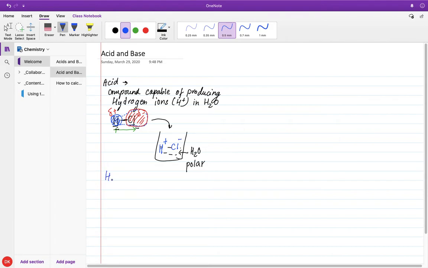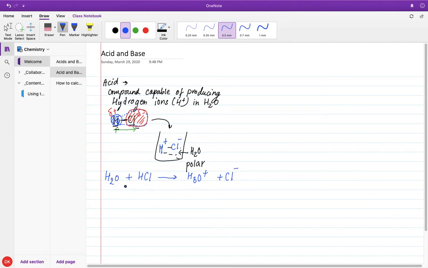Technically, you are mixing water with hydrochloric acid, so you expect to get H3O plus and Cl minus.